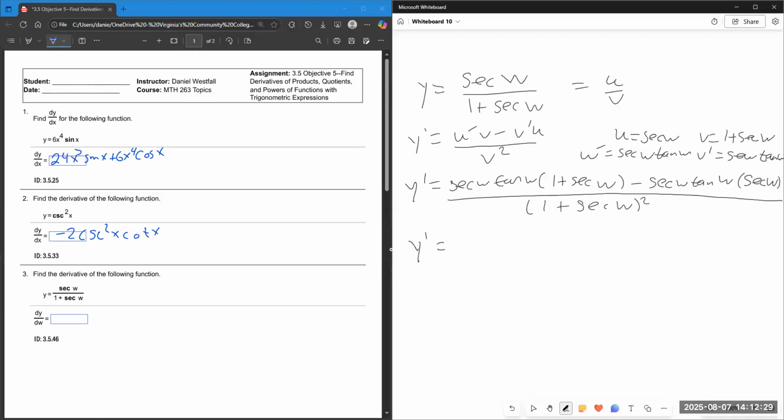So factor out secant w tangent w from the top, that's common. Get 1 plus secant w minus secant w in the numerator.